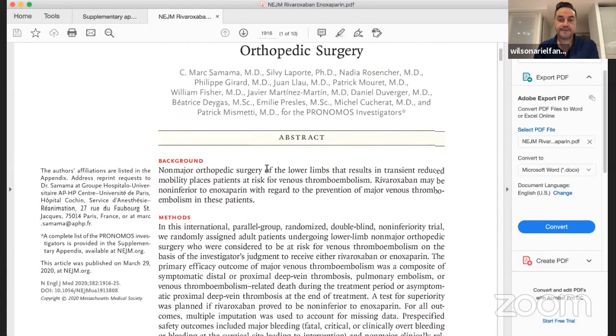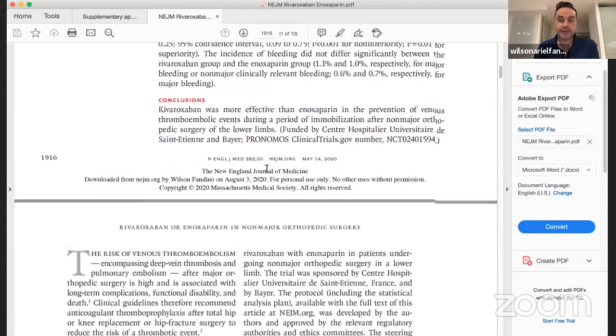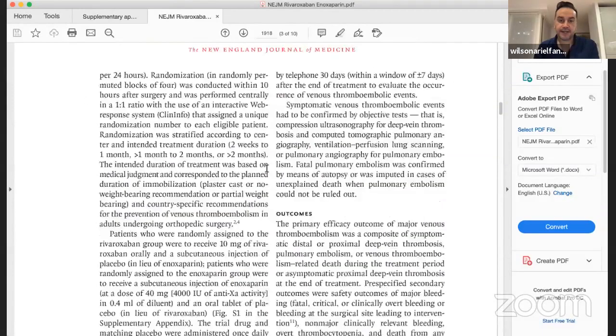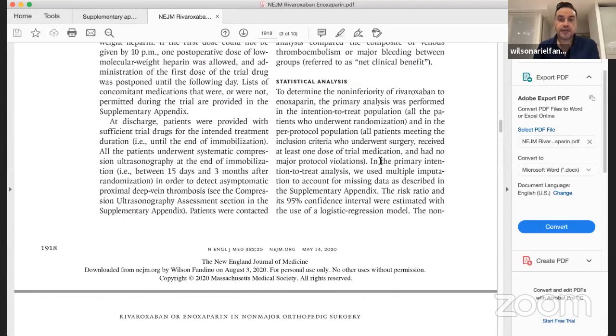So if you look at the statistical analysis, they said, okay, in the primary intention to treat analysis, we use multiple imputation to account for missing data as described in the supplementary appendix.